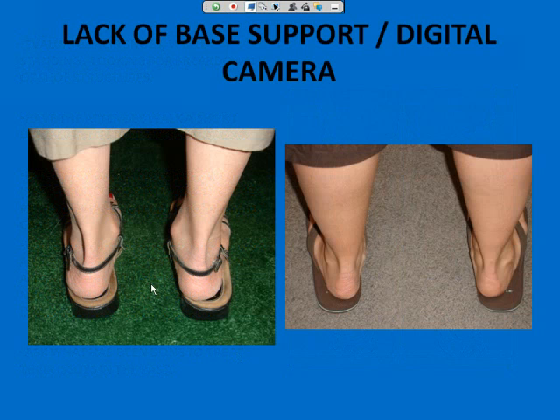Also, by showing these educators with a digital camera the loss of base support within their feet and their shoes, it gave them more insight and more education on their own benefit, but also showing them the type of shoes, which we had available at the booth, that I would recommend. And then giving them a 10% discount with their footprint analysis to that facility.